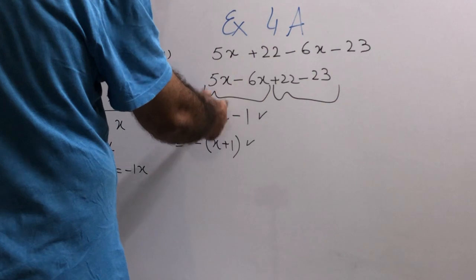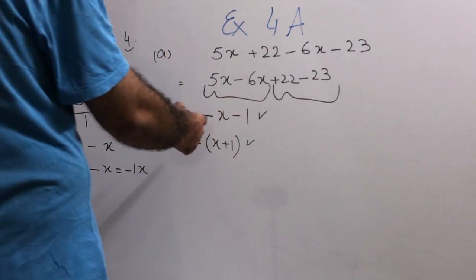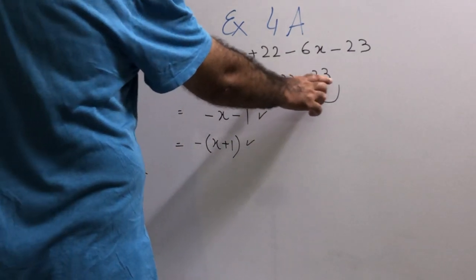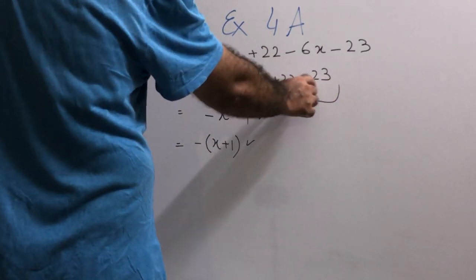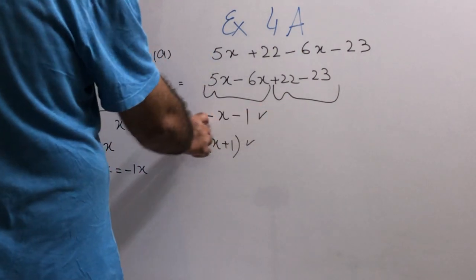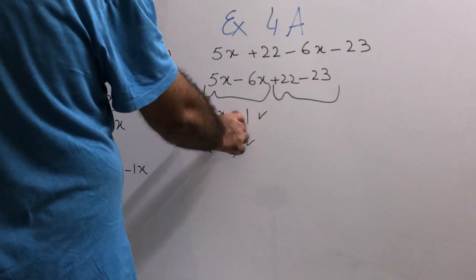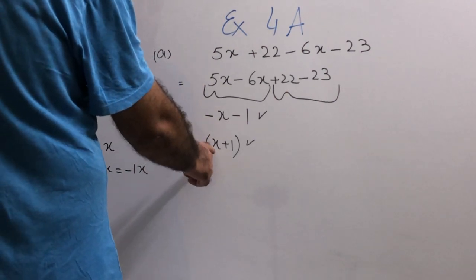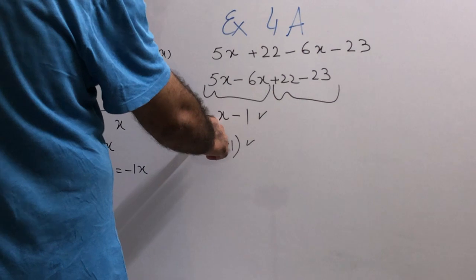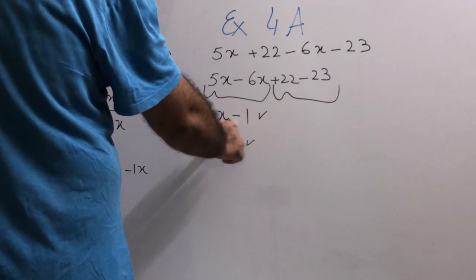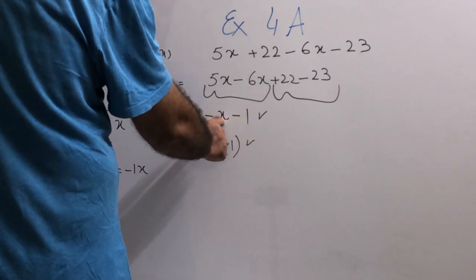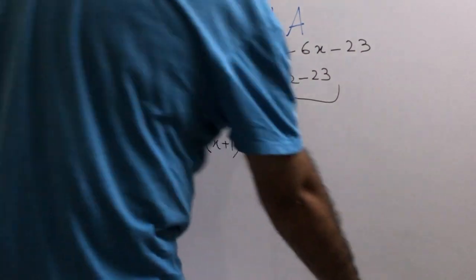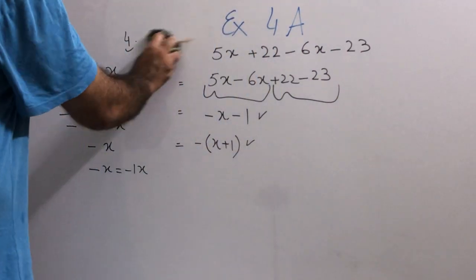It is basically minus 1x, but we don't write in algebraic language 1 before x, so it is minus x. And this we solved separately, plus 22 minus 23, it became minus 1. After that we took minus common. How to take the common is, write common in the beginning, put a bracket sign, and inside every symbol changes. Minus x, it becomes plus x, minus 1, it becomes plus 1. Okay, so this is the answer for part A.